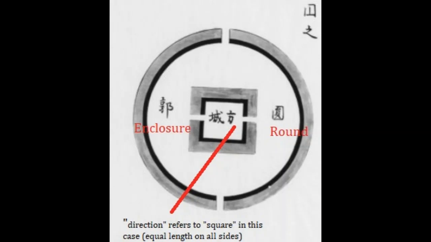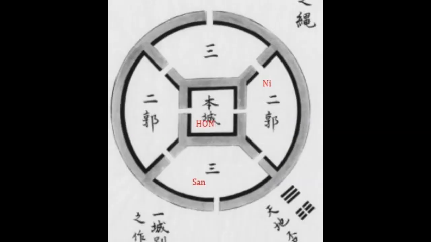Basically it means direction castle, but what that means is that it's a fortification that's equal on all sides, and it specifically refers to a square. So it is a square fortification that is surrounded by a circular enclosure. And this is essentially the most basic design.